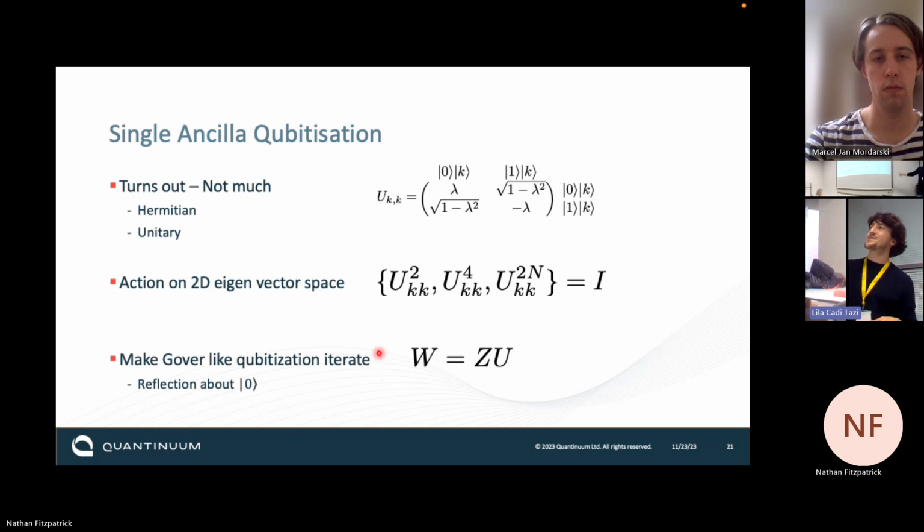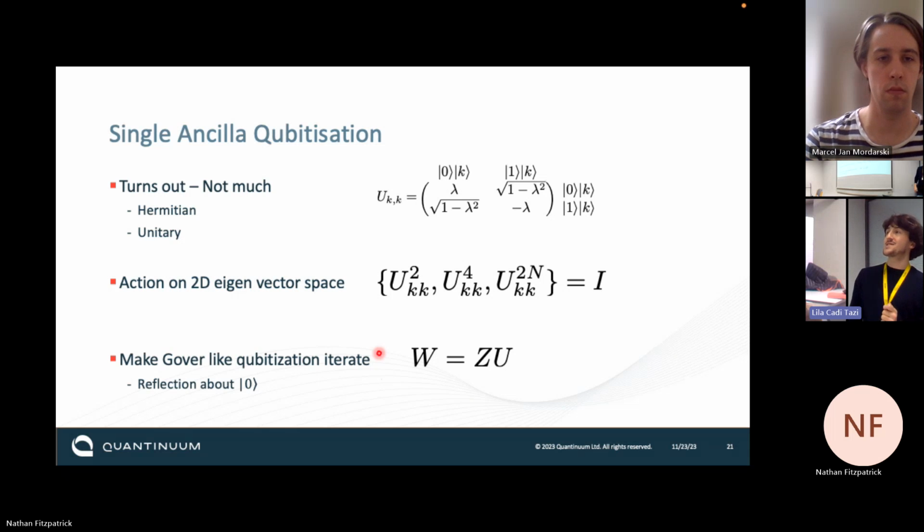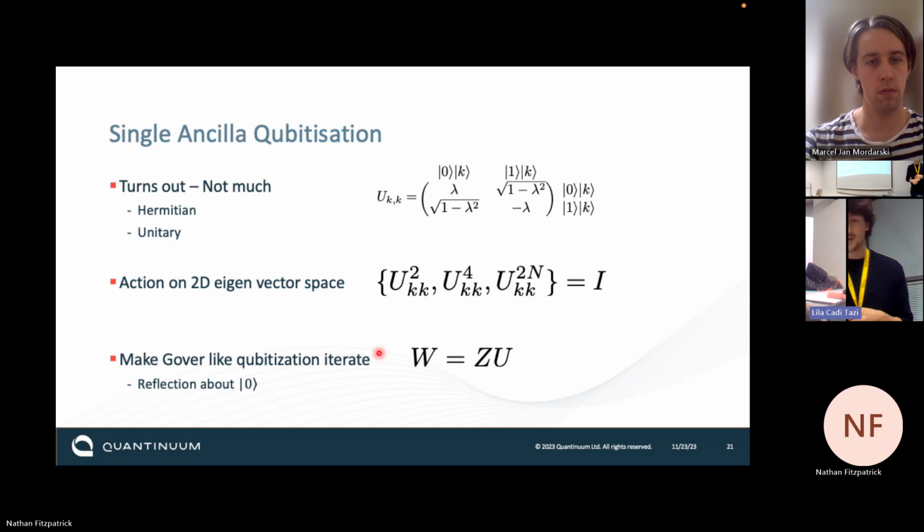But what you can do is apply a Z operator to the unitary, and we get this W matrix, which is known as the qubitisation iterate, and it's actually equivalent to a Grover iterate. This is one of the nice joining-up facts that unified a lot of things, when they realized that.